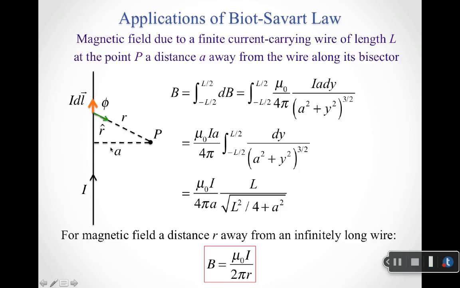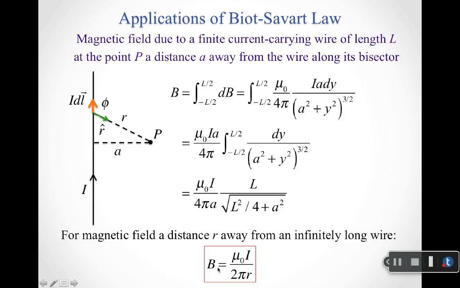All we've done is change our label for the distance we are away from the wire. The reason is that the magnetic field is going to circle around a long straight wire. Whatever point you're interested in, this becomes the radius of the circle that the magnetic field goes around when you're some distance r away. So this will be the expression that we'll use most often in dealing with our long straight wires.